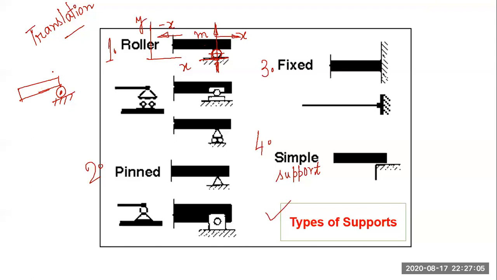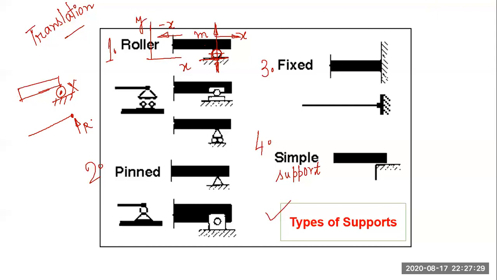That's why when we remove the support while drawing the free body diagram of the beam, we'll draw the beam, and at the point where the roller was, instead of that we will just show a vertical support. That's all.